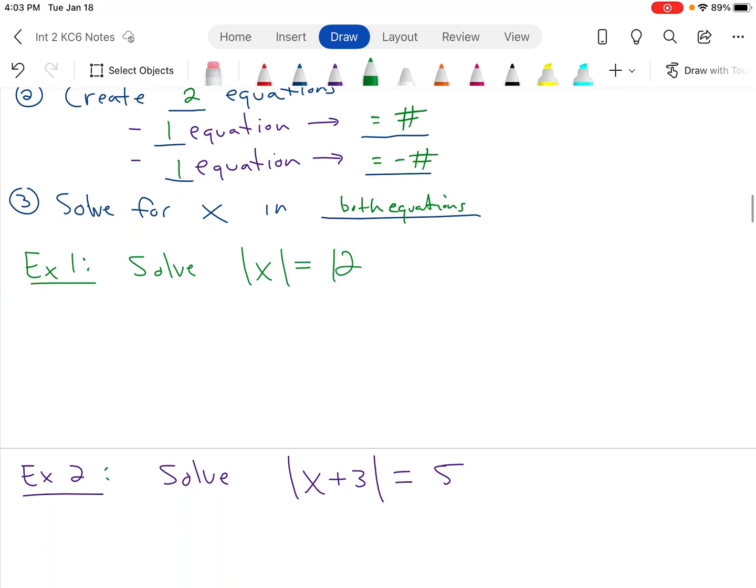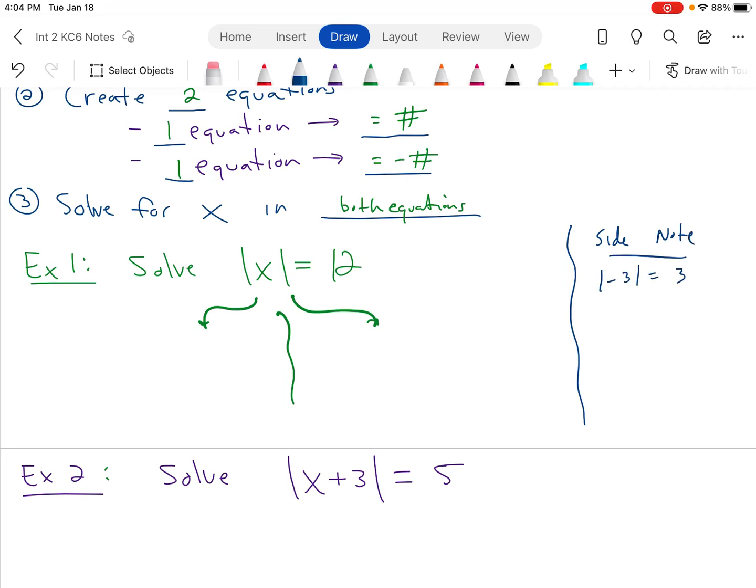Alright, so a simple example, the first example that we have is to solve the absolute value of x equal to 12. Now the first step is to get the absolute value alone on one side of the equal sign, and it already is. So I can go directly into separating this into two different equations now. I do that because if you remember from the last section, the absolute value of negative 3 is going to be equal to 3.